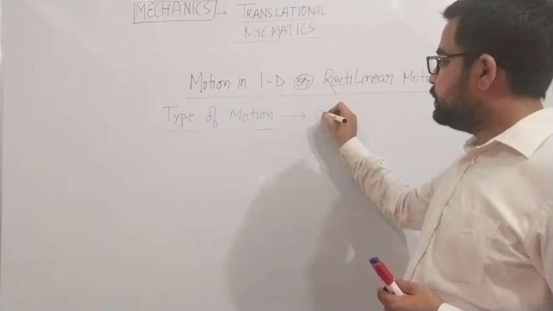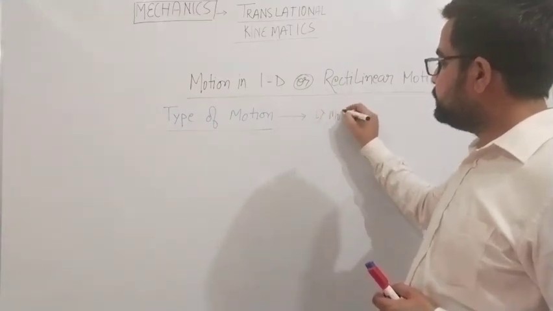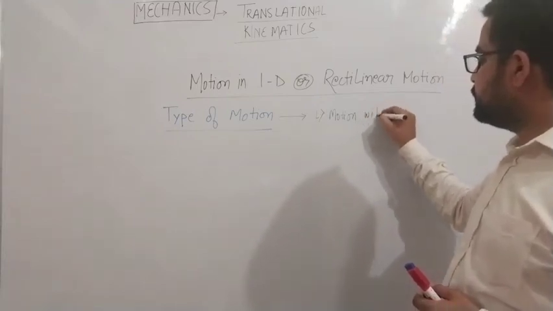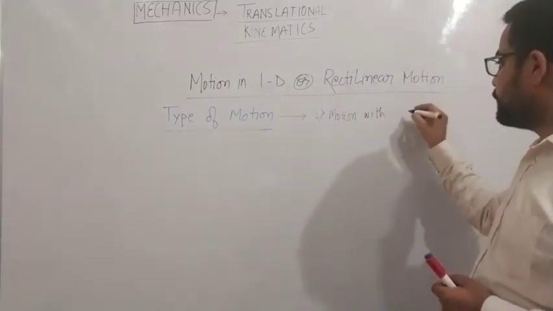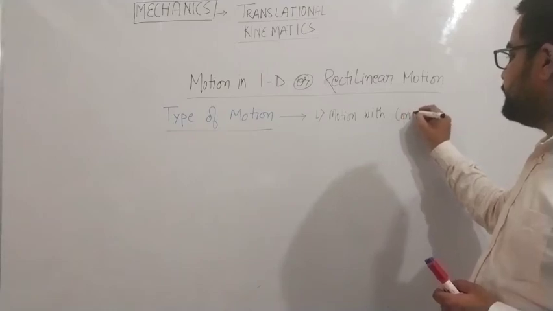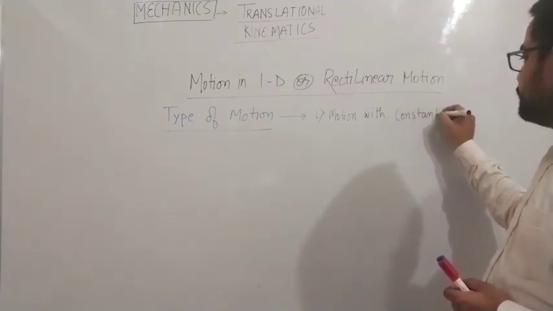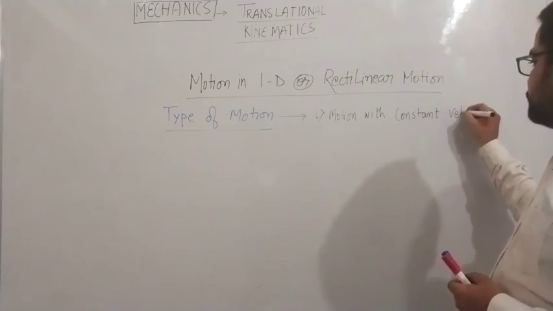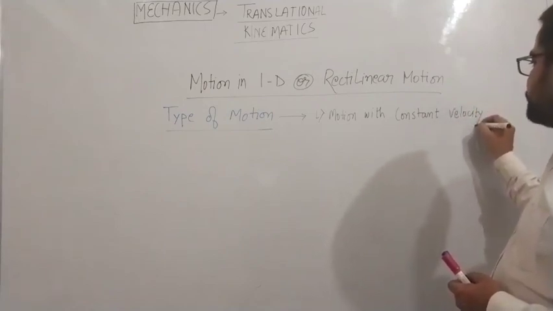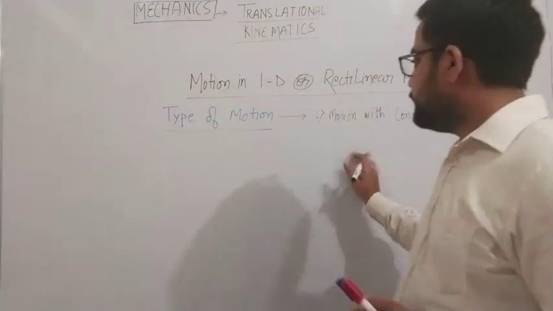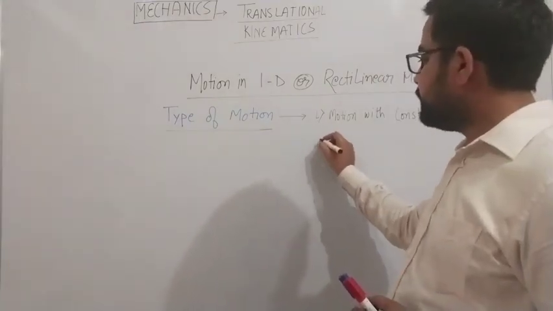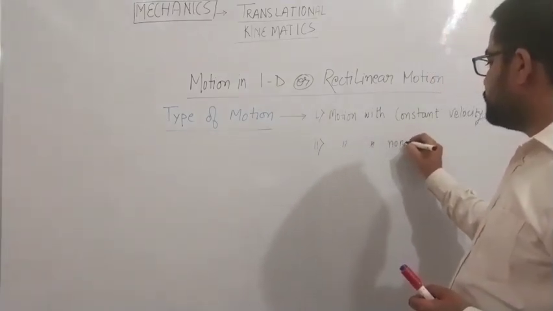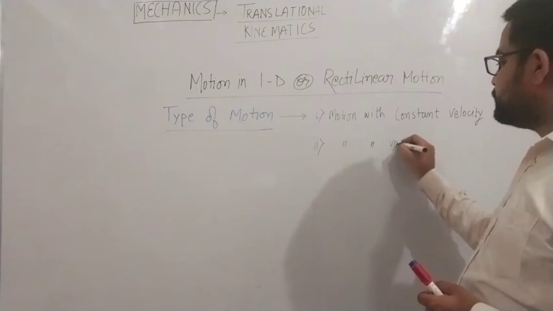One is motion with constant velocity. The second is motion with not constant velocity, or variable velocity.